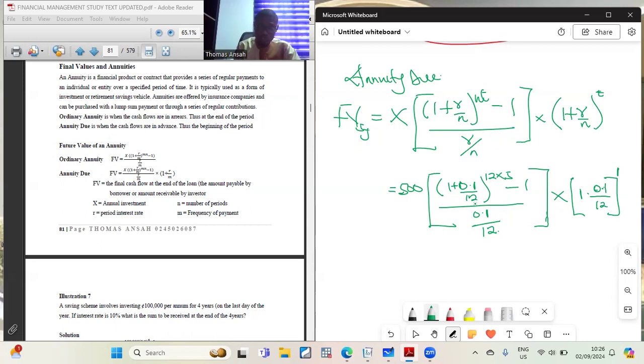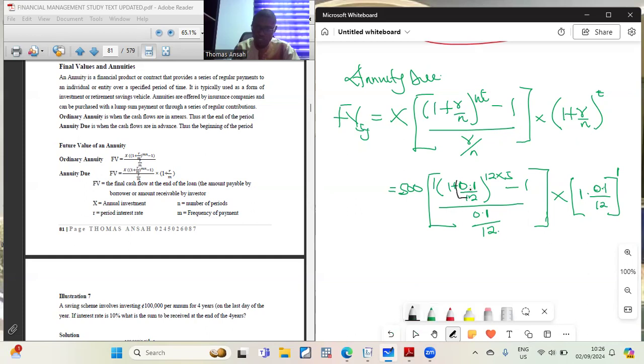So what I'm going to do is work it out like this. When I punch 0.1 over 12, that figure that I get, I'm going to keep it. Then I'll punch the top side, which will be 1 plus 0.1 over 12, the answer that I had before, 1 over 120.